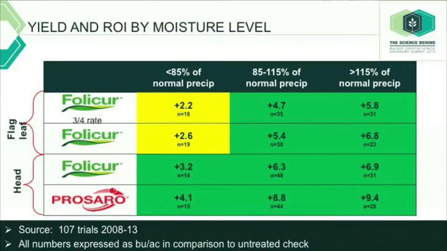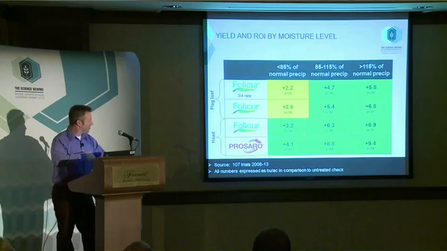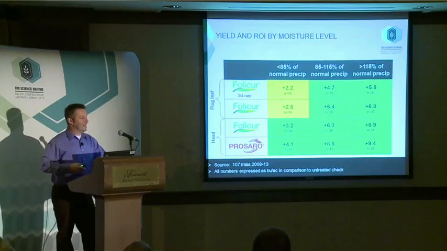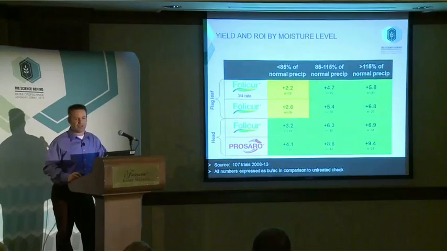So guys trying to decide, it's bone dry, should I be spraying? We're still finding that in the law of averages, these things are still paying for themselves even in those dry scenarios. However, the head timing products like Folicure and Prosaro at that T3, even in some of those drier scenarios, are still providing a positive return on investment for these guys.